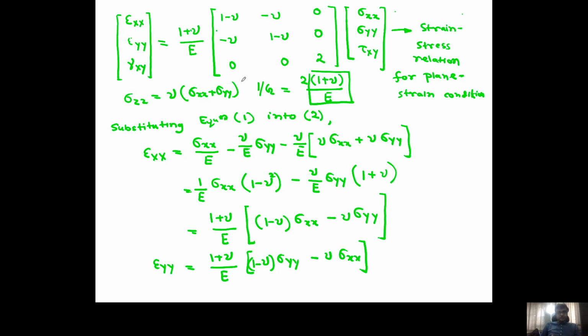So now let me erase whatever is not needed, and then we will try to find out the stress in terms of the strains. So basically, we'll try to find out the stiffness matrix. So let us delete. We only need the matrix equation that you see.